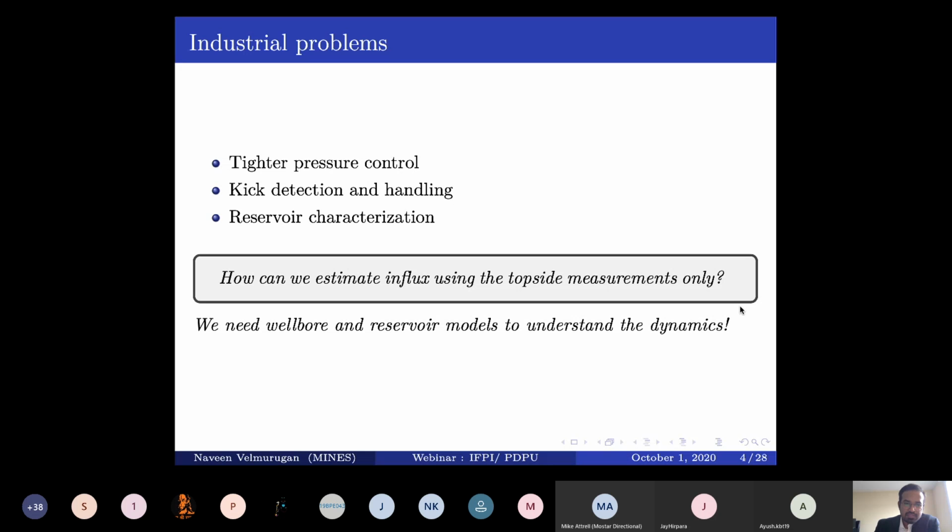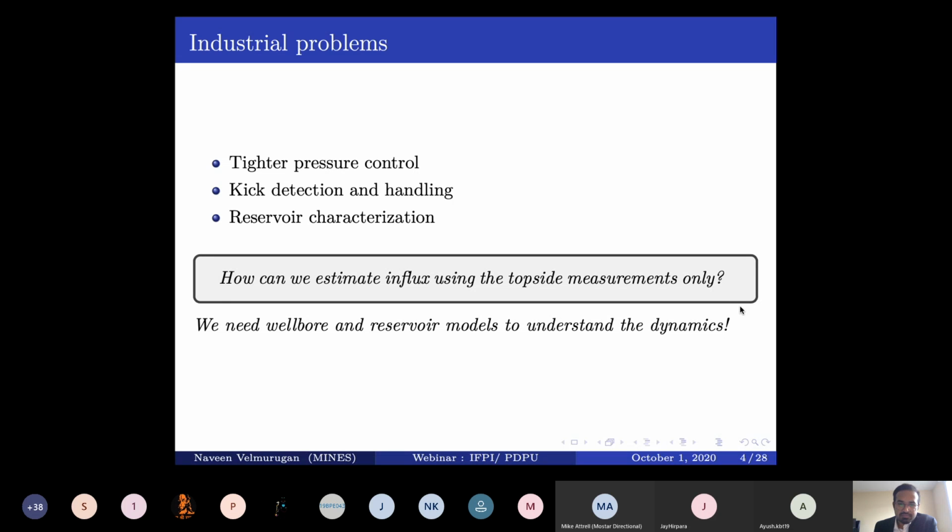To do all this, we need a good wellbore reservoir model to understand the dynamics happening, so that you have a better understanding of what the pressure is in your wellbore, especially at the place where it is open to the reservoir section. Because if you want real-time measurement of bottom hole pressure, you need downhole tools or measurement while drilling operations.